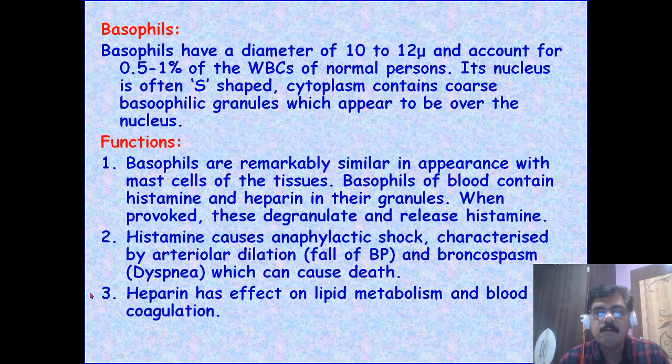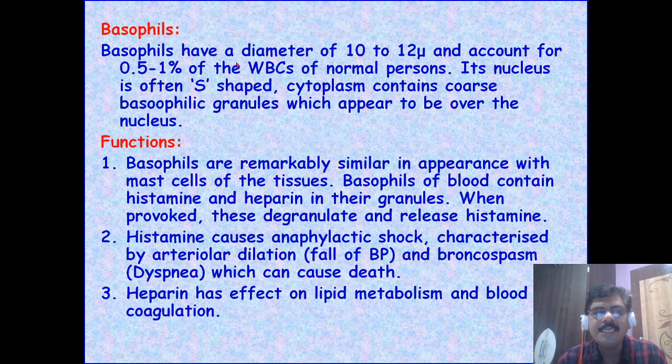Then the second granulocyte is the basophil. Its diameter is 10 to 12 micron and it accounts for only 0.5 to 1% of the WBCs of a normal person.